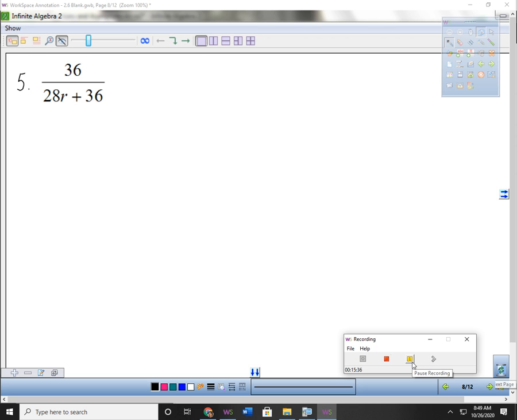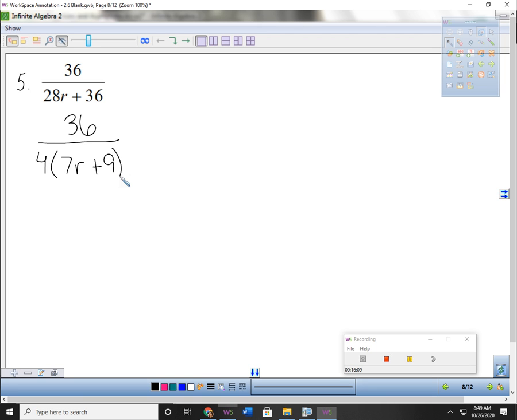All right, so on number 5, first you're going to look and say, okay, is there anything that I can factor? So the top is just a number. I can't do anything with that. But the bottom, I do have a common factor. 28 and 36 will both divide by 4. So I'm going to factor that out. 28r divided by 4 is 7r. And 36 divided by 4 is 9.